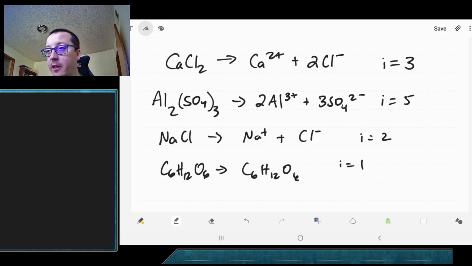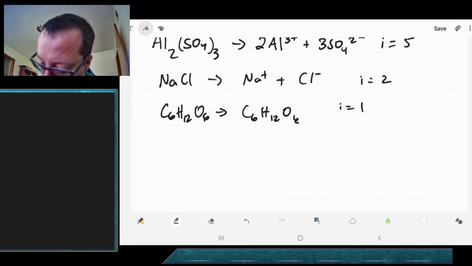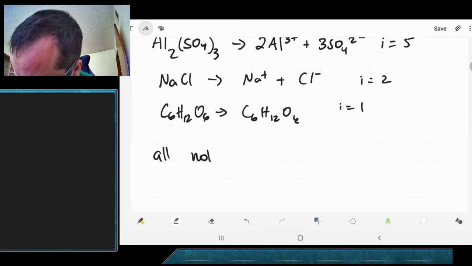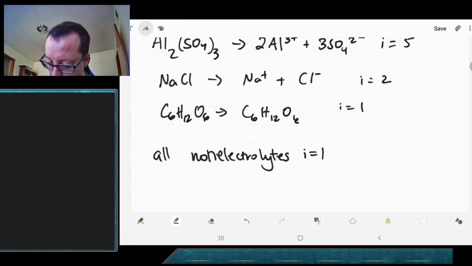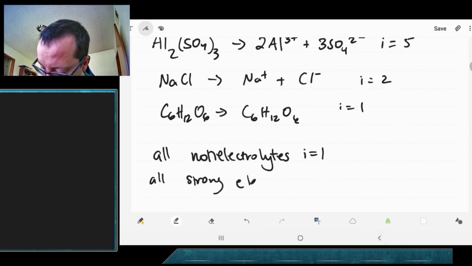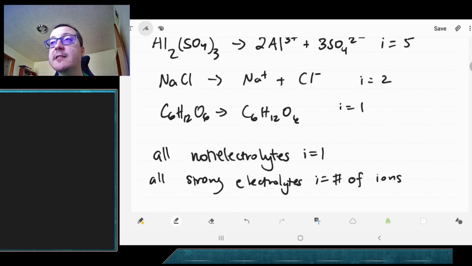For sodium chloride, we put 1 thing in, we get 2 ions out. Aluminum sulfate, we put 1 thing in, we get 5 ions out. And so all non-electrolytes will have i equal to 1. For strong electrolytes, it'll be the number of ions that come out.